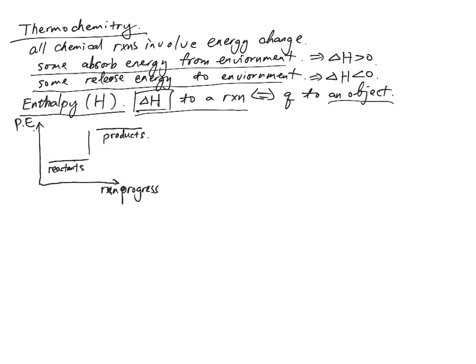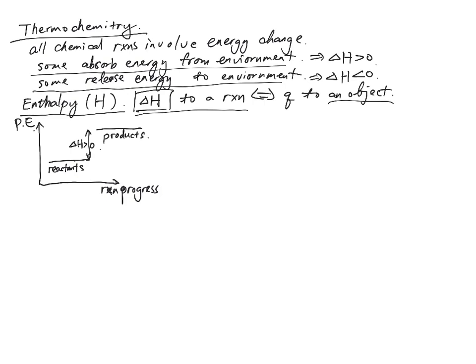Then the energy difference between the reactants and products is delta H. In this case, your reaction has to absorb energy from the environment to lift your reactants to products, so this is a process where you absorb energy. We say the delta H is positive for this reaction.